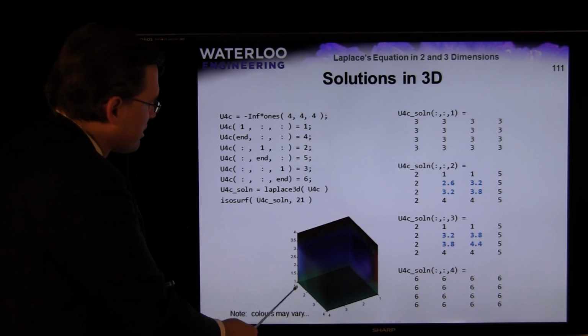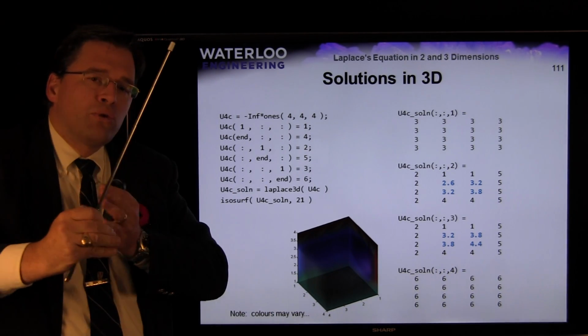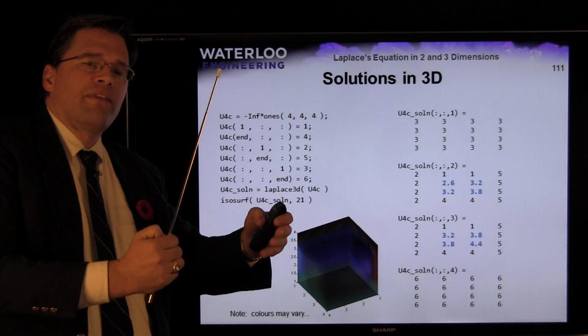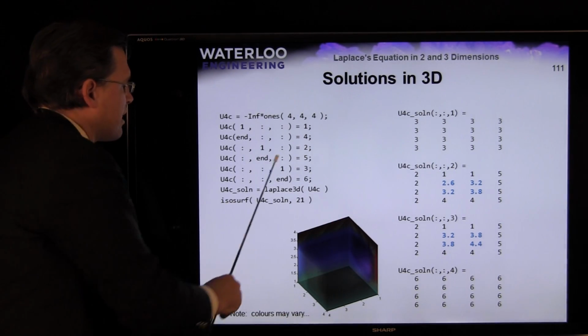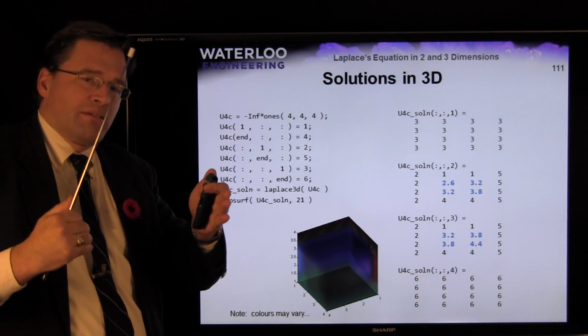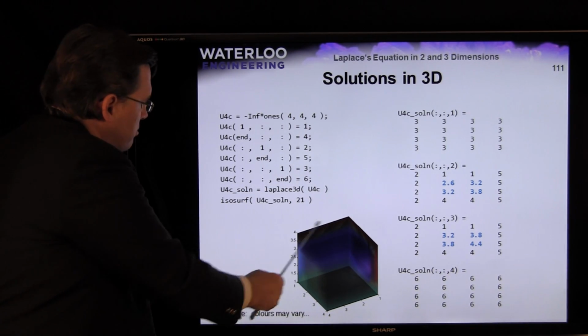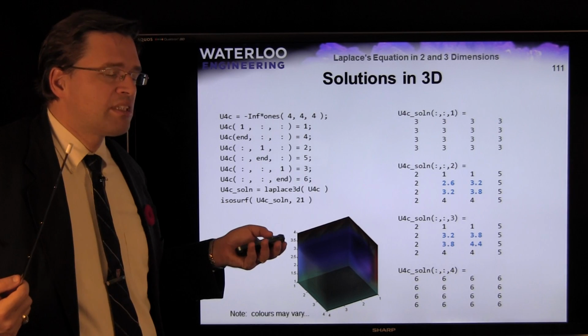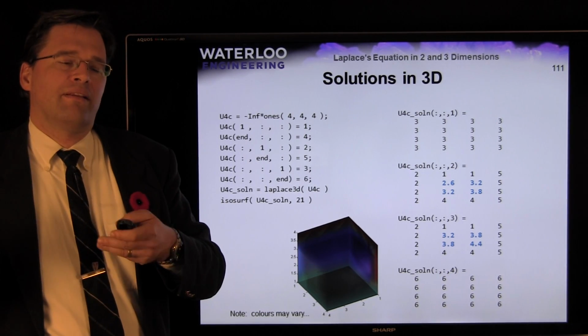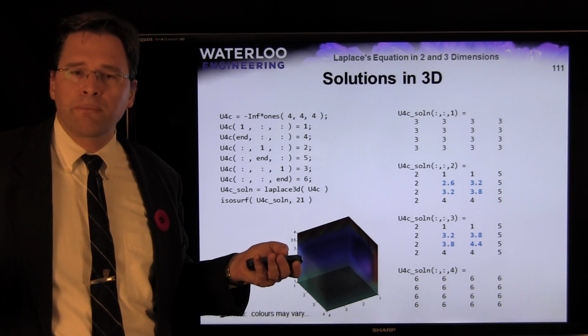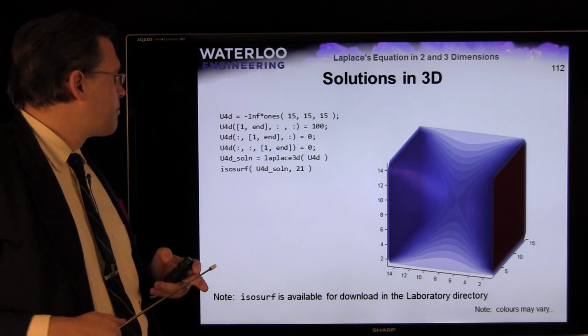Now, your colors might vary slightly, but you will actually be able to rotate that cube and see how the values differ from one side to the other. And you should expect an appropriate change based on just your intuition and what the change should be if, say, for example, these were temperatures.